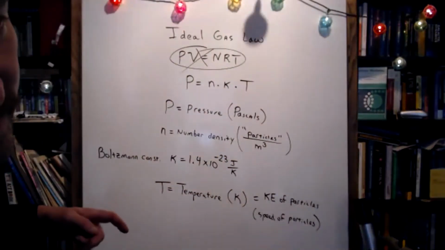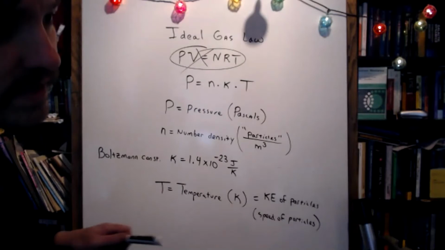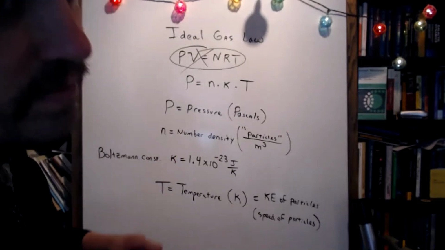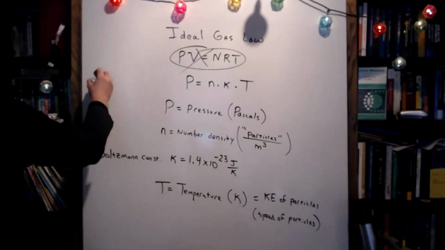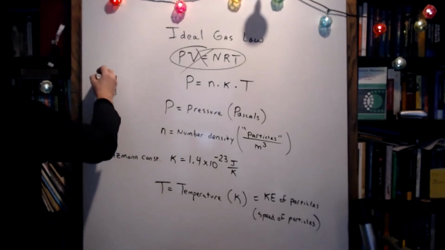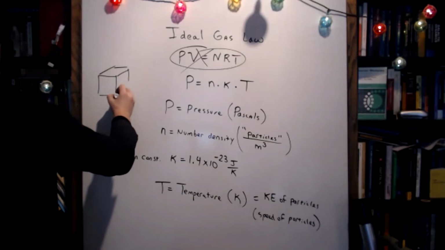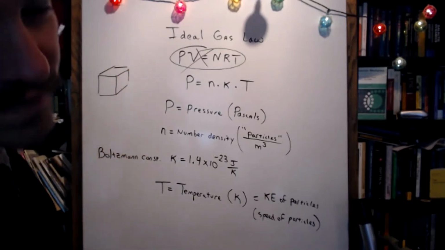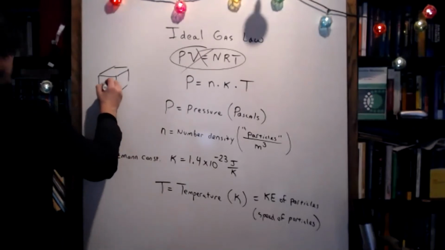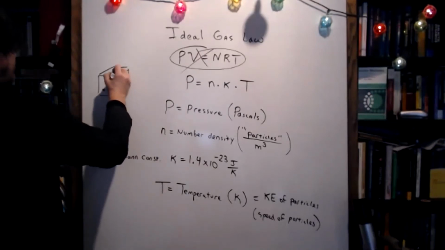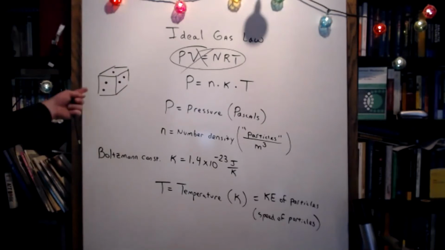The number density is different than normal density in that you're not doing mass per unit volume, you're doing number of particles per unit volume. So typically you define your unit volume to be either a cubic meter, or oftentimes we use cubic centimeters, and then you just count how many gas particles are in that box.